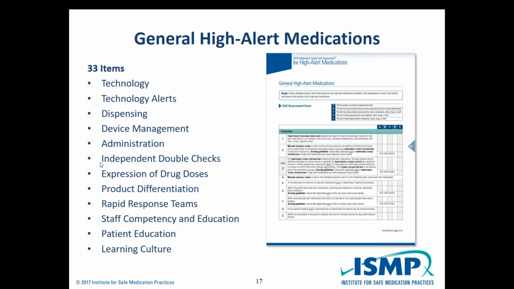Again, these are items that go along with all the self-assessment categories and items. And you can see here on the screen too that, as I had mentioned, there are a few not applicable options, and those do come into play if you don't use some of the medications that we may refer to in the general section.